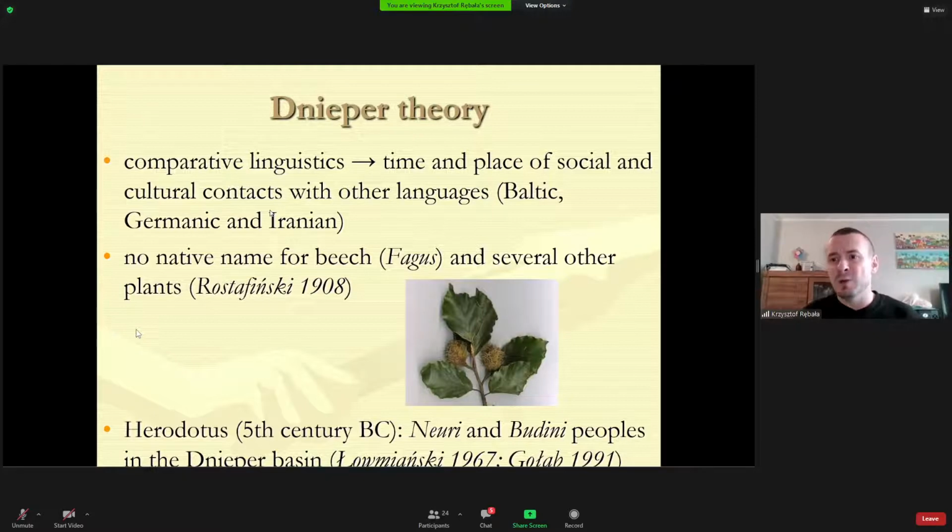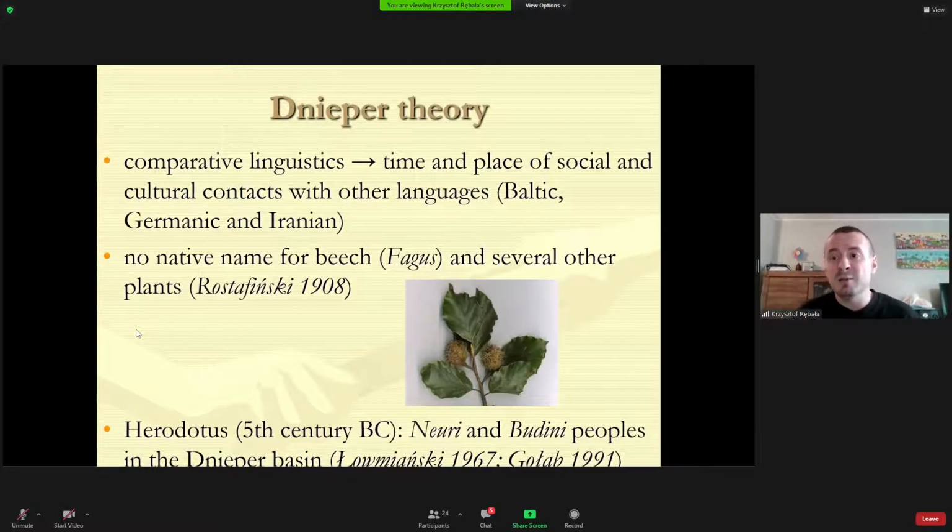For example, there is a Slavic word Bóg in Polish, which means God, and actually this is a word of Iranian origin. So it is assumed that Slavs must have lived close to the Iranian language speakers.